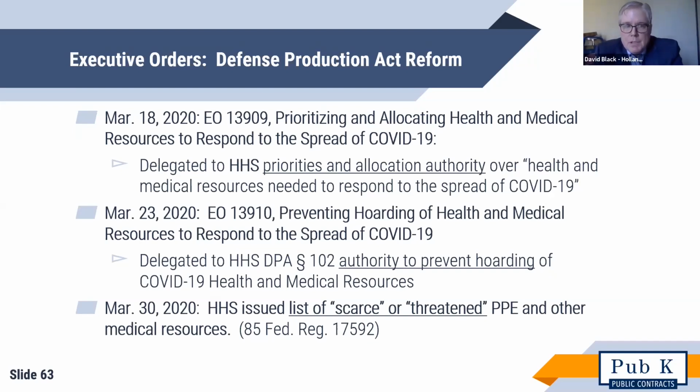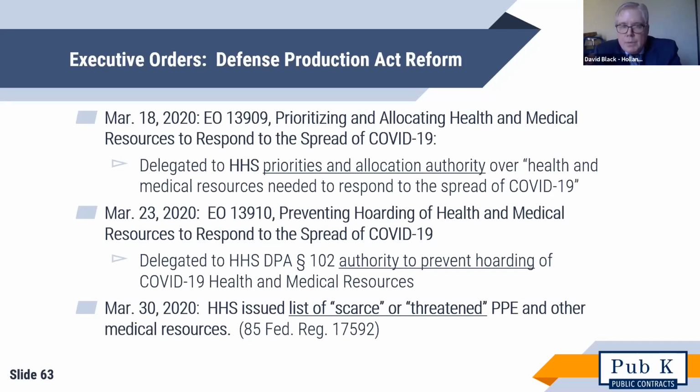So things start off on March 18th with Executive Order 13909 on prioritizing and allocating health and medical resources to respond to the spread of COVID-19. What this executive order did was basically clarify, confirm that HHS has what they call priorities and allocation authority over health and medical resources needed to respond to the spread of COVID-19.